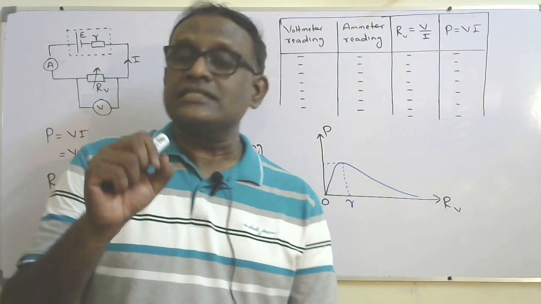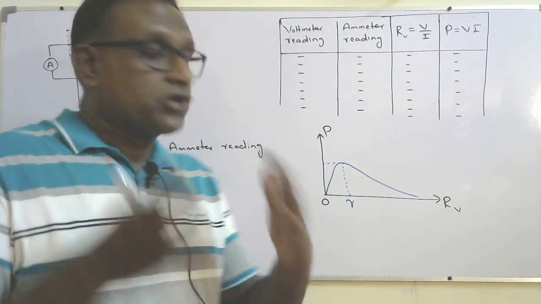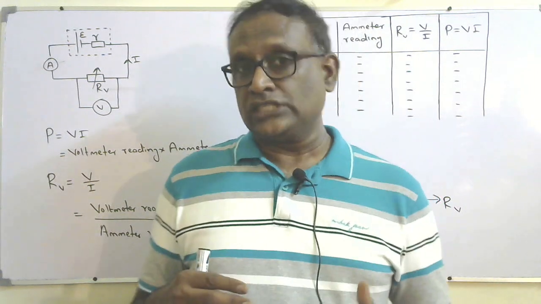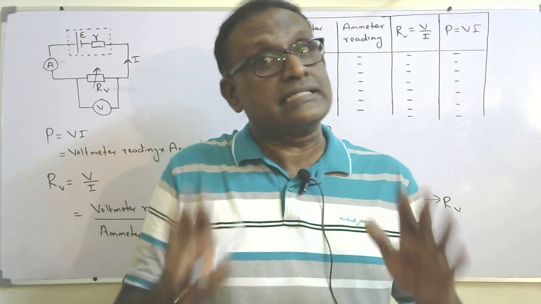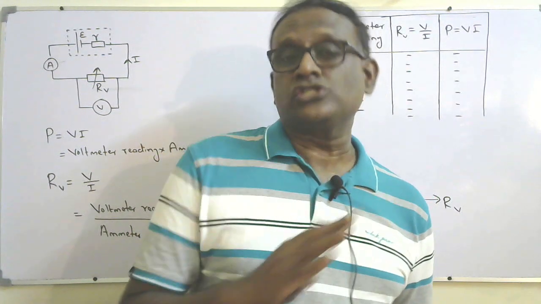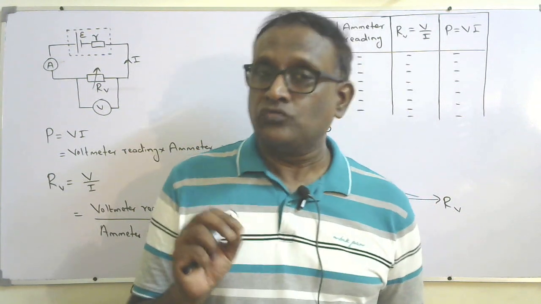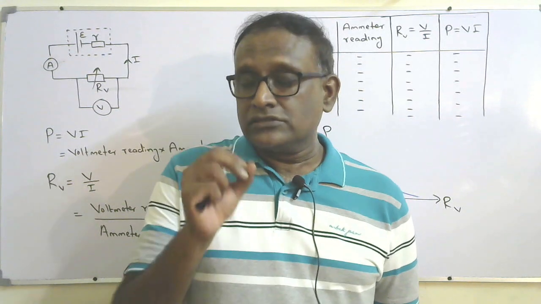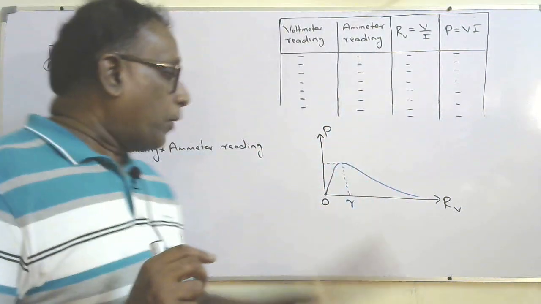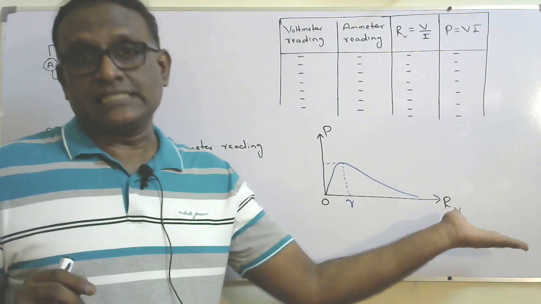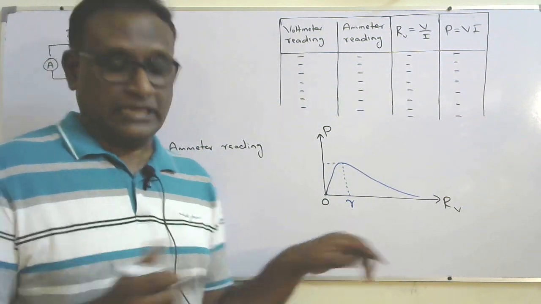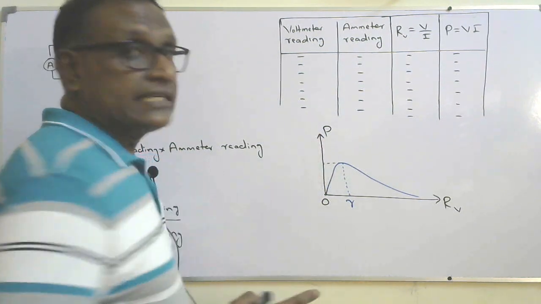Okay, but there's a wrong concept or wrong idea students have. Optimum power transfer to the external component does not mean maximum efficiency. That also I can do mathematically, but I don't want to go into mathematical detail. But you should remember that I can get optimum power in the external circuit when the resistance of the external component becomes equal to the internal resistance of the cell.